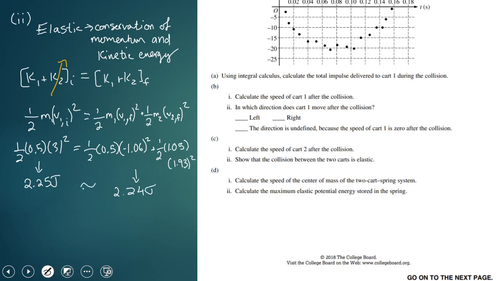And so this is close enough to where we can say that because they're approximately equal, kinetic energy is conserved. And so because kinetic energy is conserved, I'll rewrite that, that looks really messy. Collision is elastic.